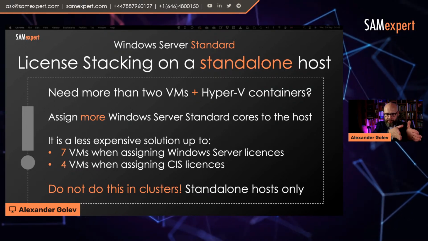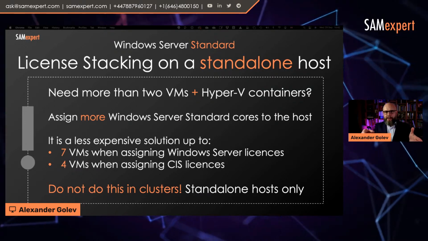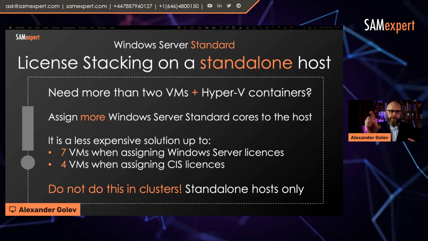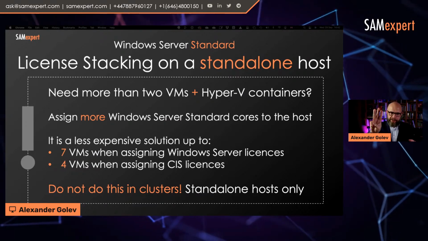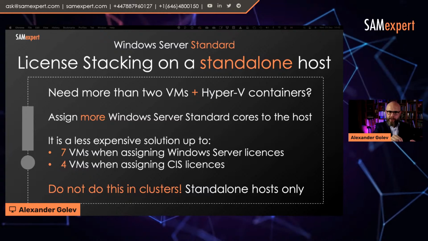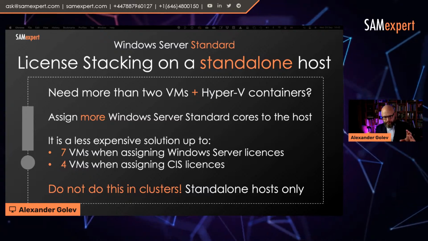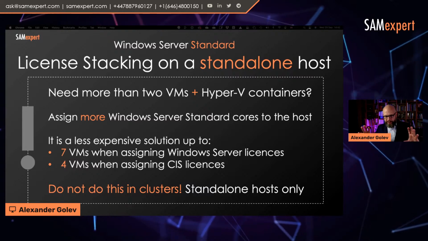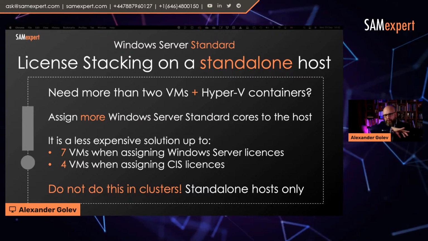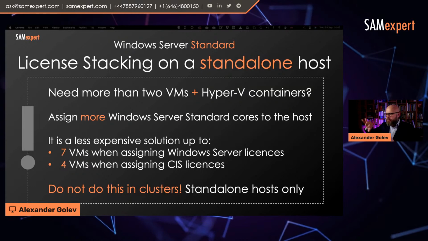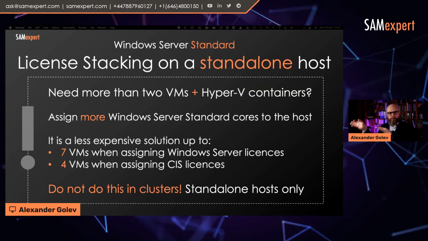When you have multiple hosts in a cluster, and for those of you who don't know what a cluster is, please wait, in 3 slides from now I'll show you a picture of what a cluster is. When you have multiple hosts in a cluster and machines roaming around, in VMware or Hyper-V, they move freely.